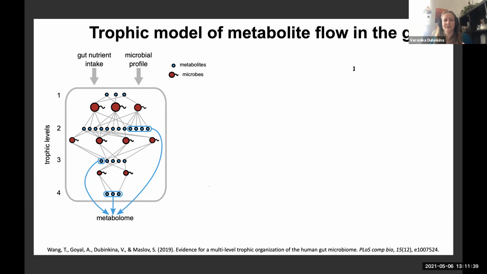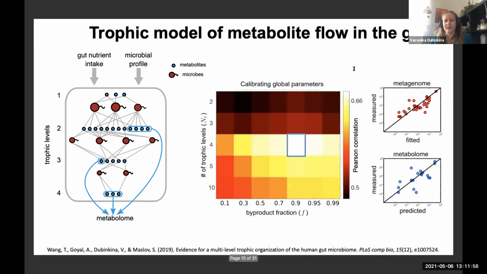Another thing that we have in this model is that we will have to specify those parameters that I mentioned already. One is the fraction of consumption that goes into byproducts on each level. And another is the number of those levels that we want to propagate our models. And we actually also use real data for many patients to fit those two parameters.